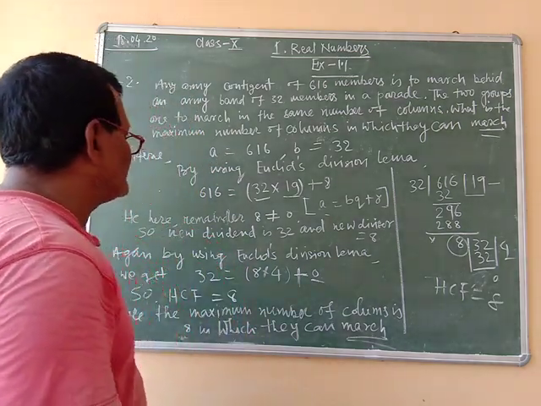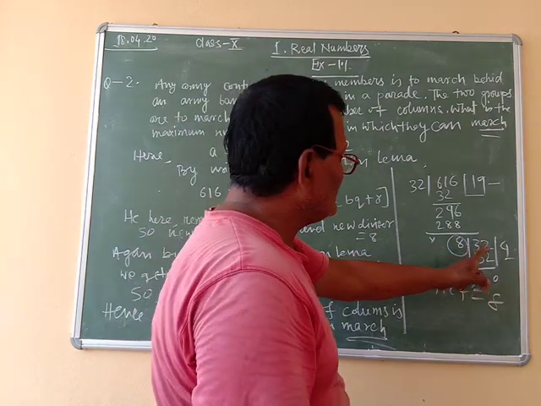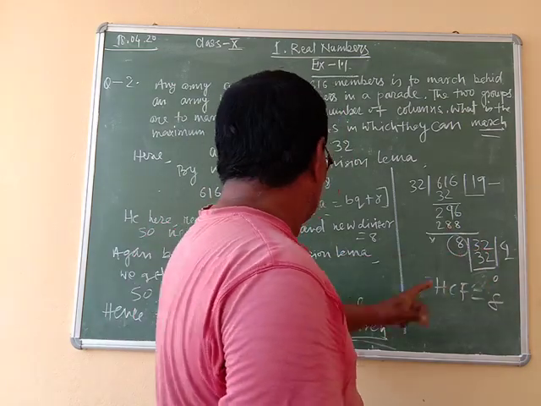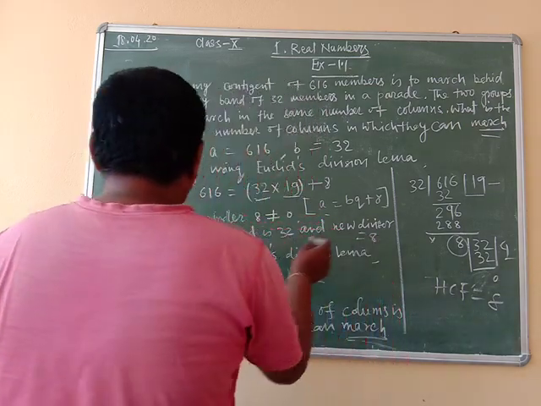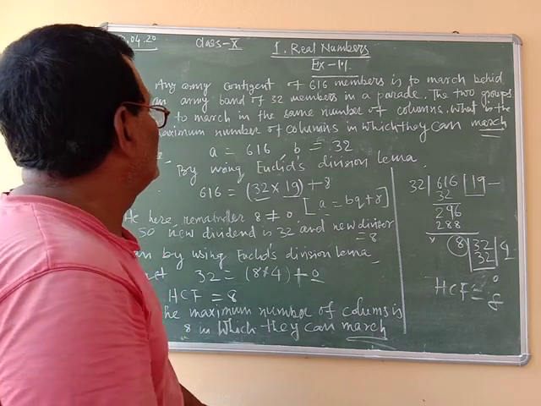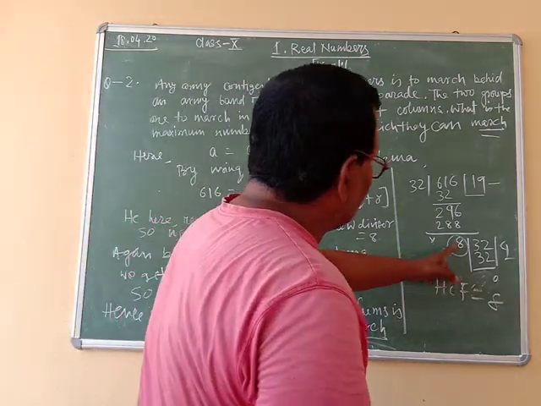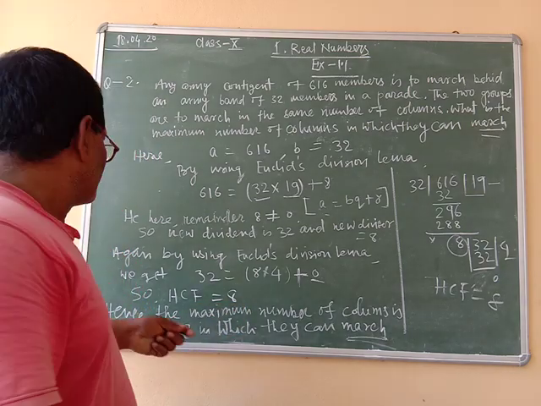So by using Euclid's division lemma, the new dividend is 32 and the new divisor is 8. If remainder is 0, then the process stops.